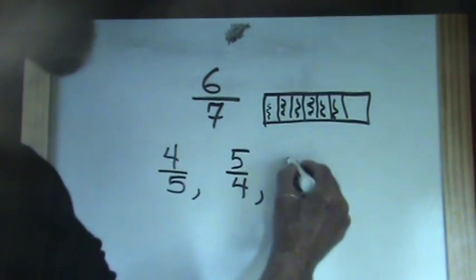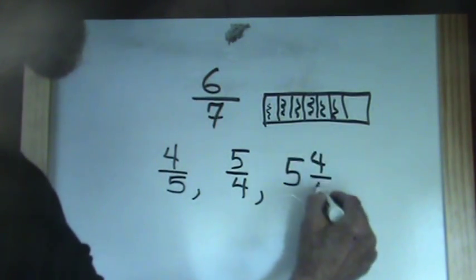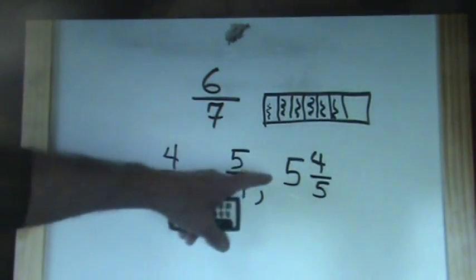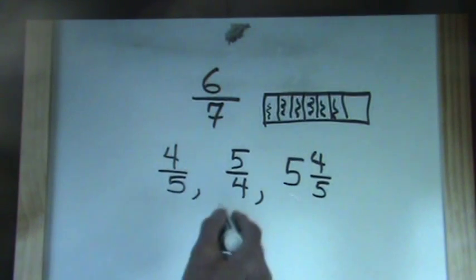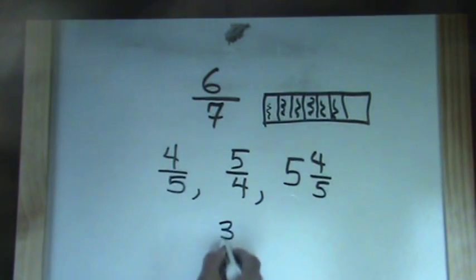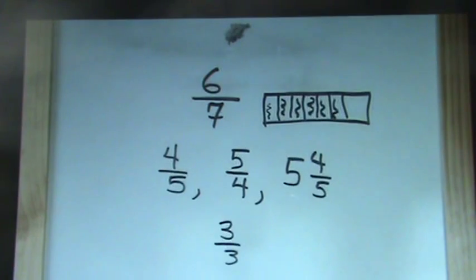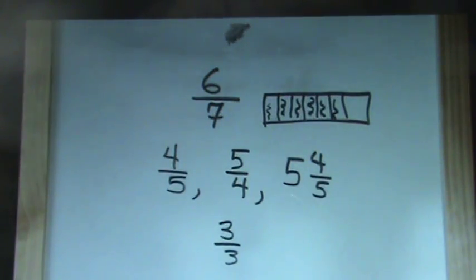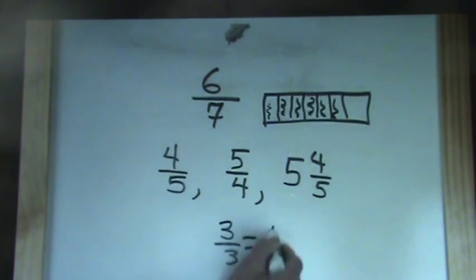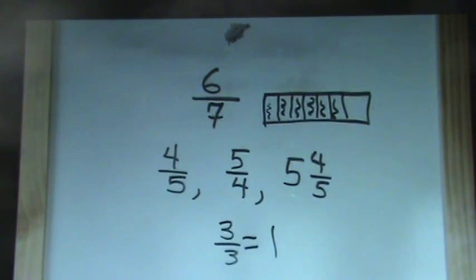And then we had mixed numbers, which is a whole number and a proper fraction. And then we had the one case where the numerator and denominator of a fraction are exactly the same, and we know that that is equal to the number 1. Okay, that's it for the review.